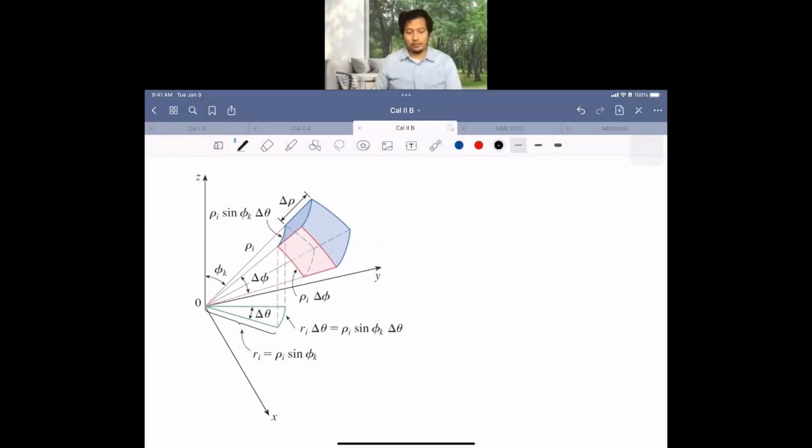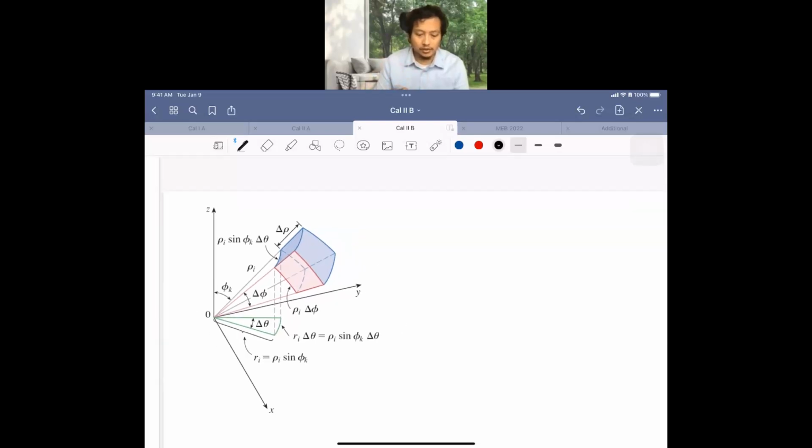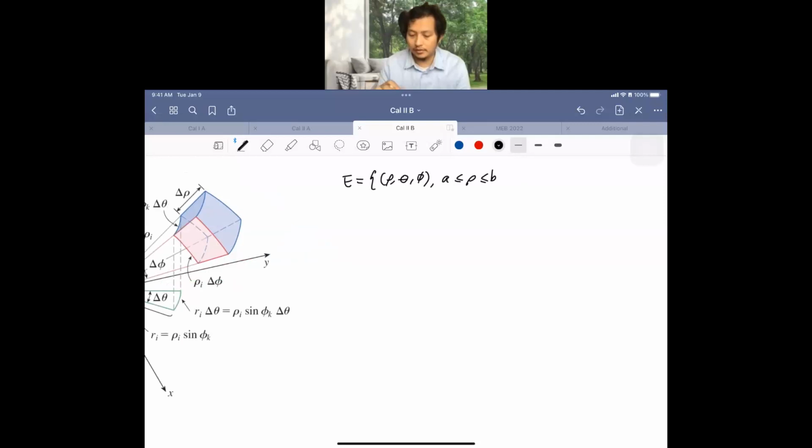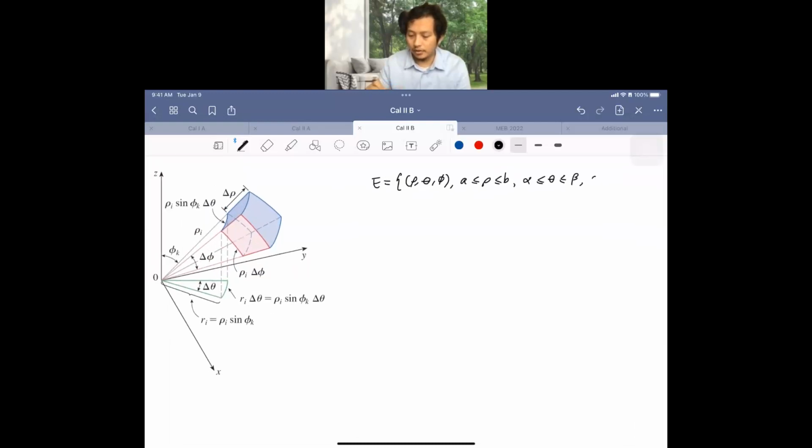Now, let E be the solid sphere region that we are going to observe. We define the terms: a and b for the radius, alpha and beta for theta, and c and d for the angle phi.